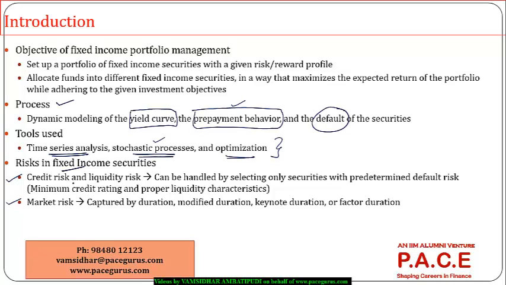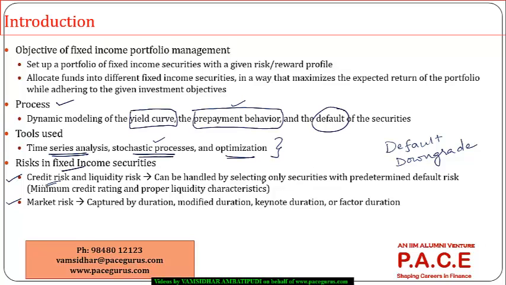When it comes to credit risk, where there is a possibility of a default, the major events are that there could be a default, or there could be a downgrading of that security, which could also cause a loss on the security.